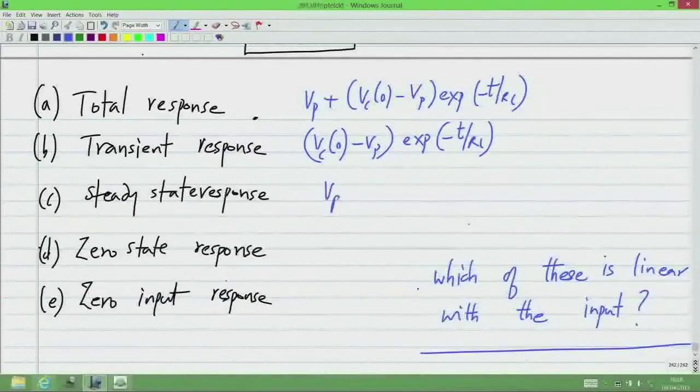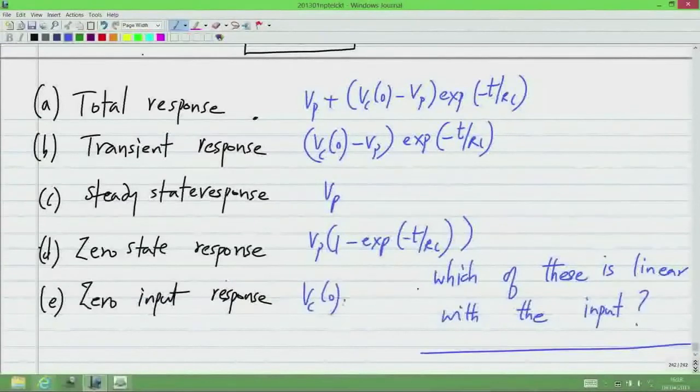The steady state response is Vp. The zero state response is Vp times 1 minus exponential minus t by RC. And finally, the zero input response is Vc of 0 times exponential minus t by RC. So now from this you should be able to very easily tell which of these is directly proportional to the input.